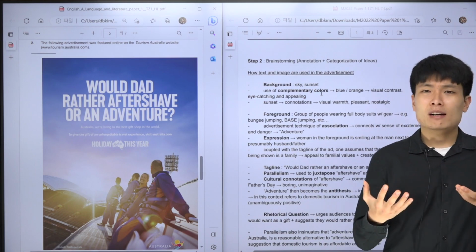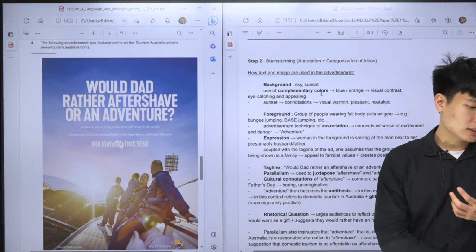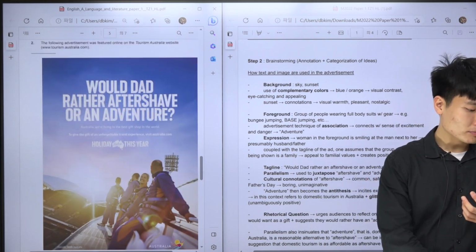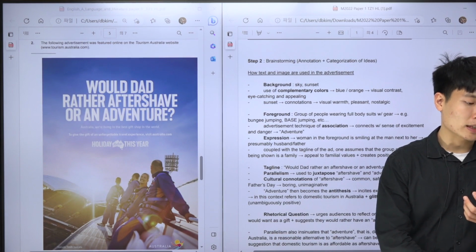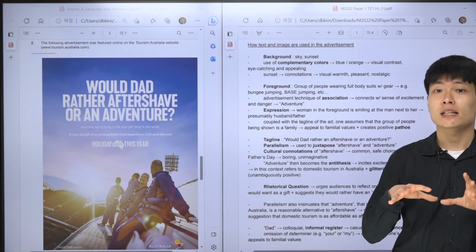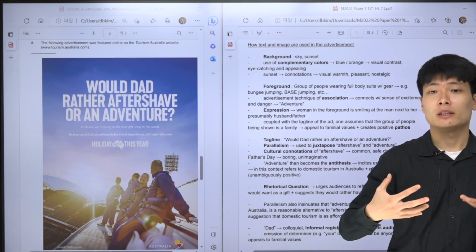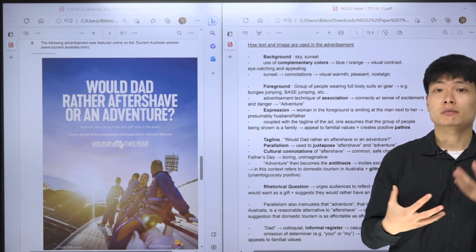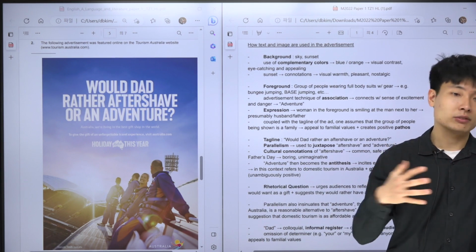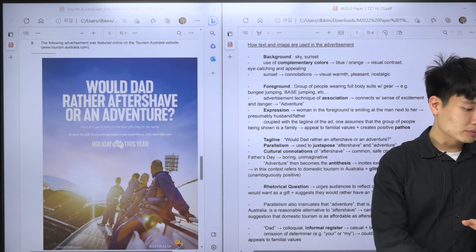I mean, as of now, I'm not too concerned about connecting these ideas with the second part of that guiding question. I'm just trying to get as many ideas down first, and then later in step 3, that's when I'm going to concern myself about how to connect all of these separate ideas together.